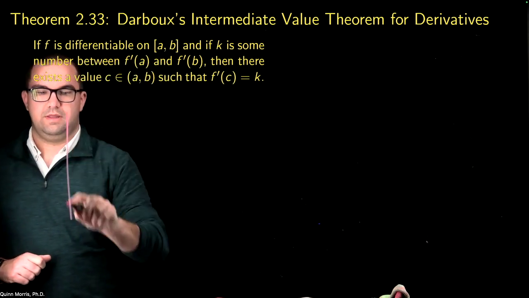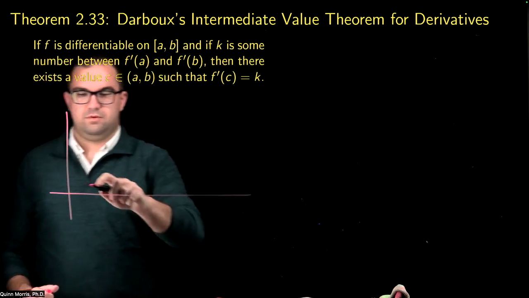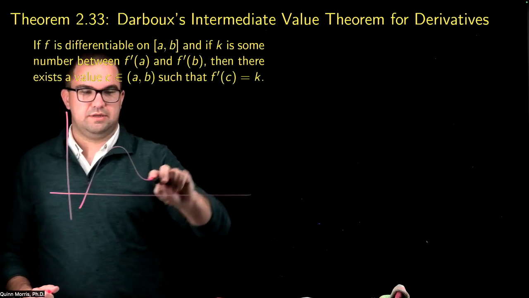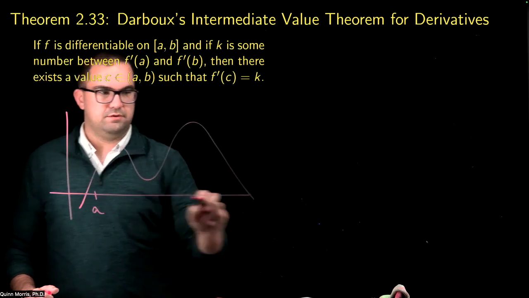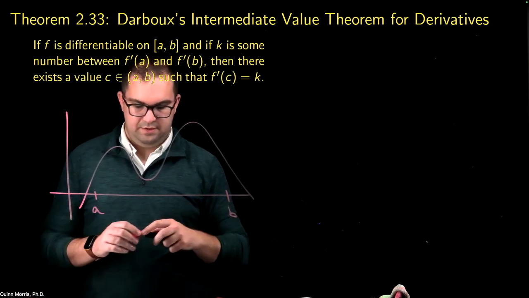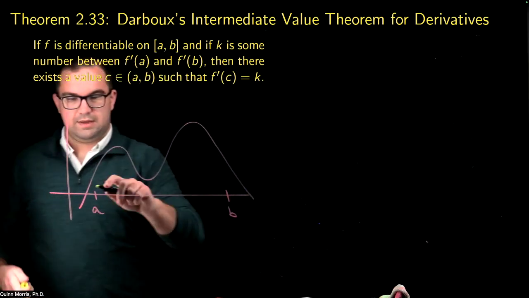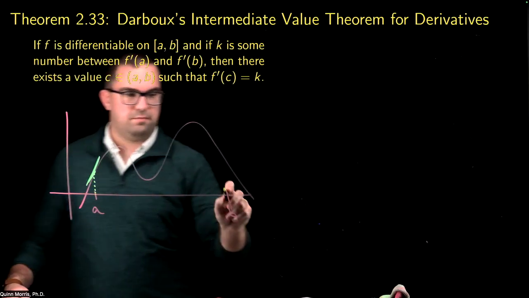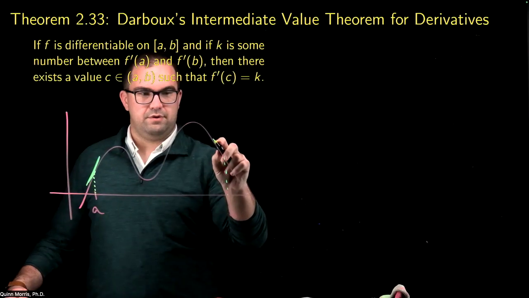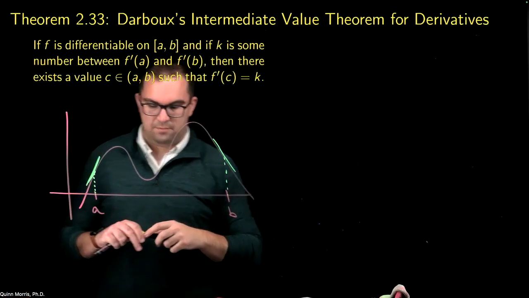Visually, we could think about it like this: we have some function that is differentiable on some interval AB. Maybe here's A, here's B. I can calculate the derivative here at some positive number, and calculate the derivative over here. It's some negative number.